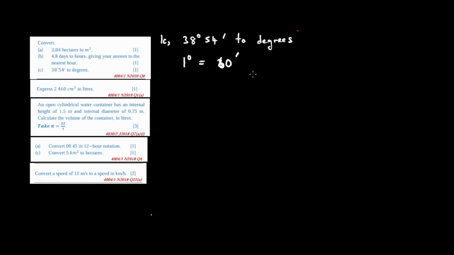Saka kuti ti converted this to degrees, zvinongoreva kuti 38 degrees 54 minutes inenge equal to 38 degrees plus part ya 54 minutes iyo tofangwa kuiconverta to degrees. But how do we convert 54 minutes to degrees? We are going to divide by 60, and I'm going to explain in a moment why. So this becomes 54/60 degrees.